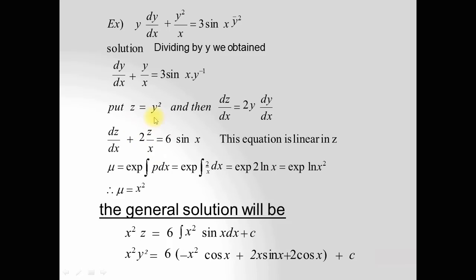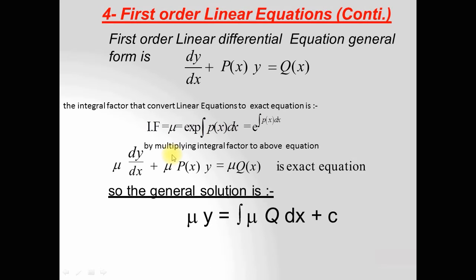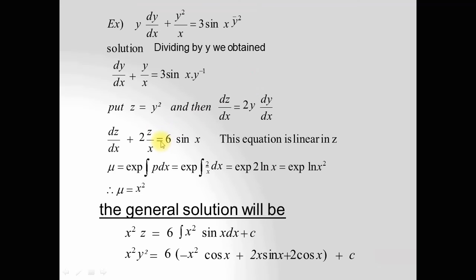If we compare this differential equation with the standard form of a linear equation, p is multiplied by the dependent variable, which is z, so 2 by x into z. 2 by x is the p function, and the function of x on the right hand side is the q function. So for the solution of this differential equation, using this simple formula, integral factor multiplied by the dependent variable is equal to the integration of the product of integral factor and q function with respect to x plus c.